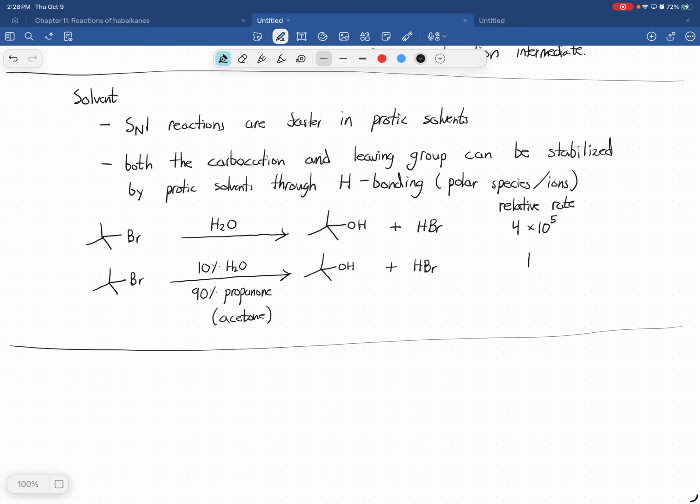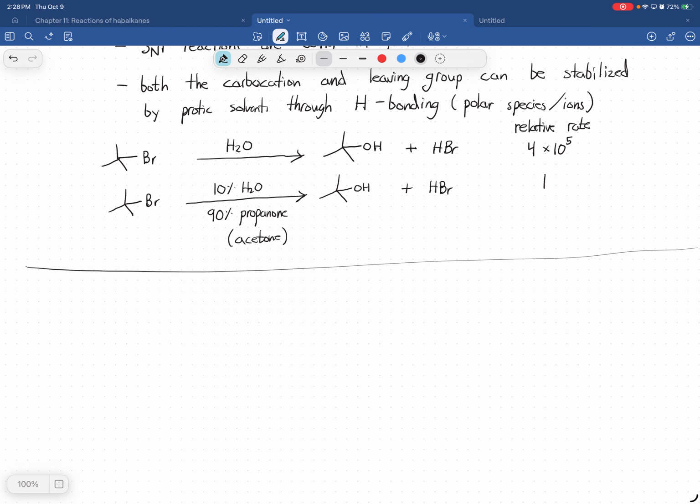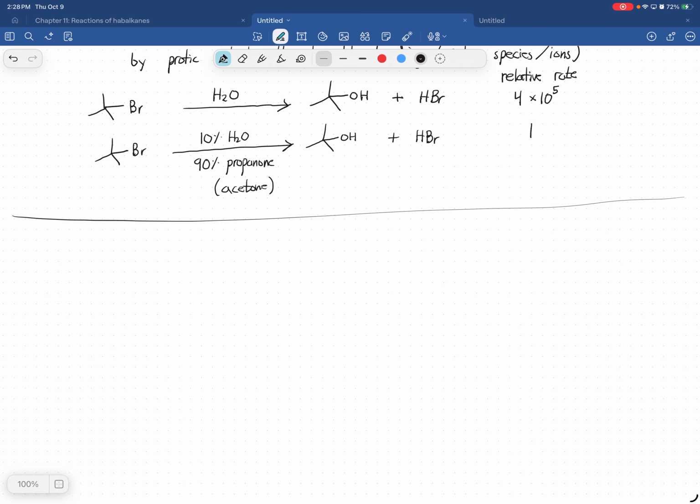No? All right. Let's talk about E1. Now we're going to talk about our very first reaction that's not substitution. Remember, we did radical halogenation. We substituted H for chlorine or bromine. Then we did SN2 and SN1, where we substituted a nucleophile for our halogen, or the leaving group. Now we're going to basically remove the leaving group and form an alkene.